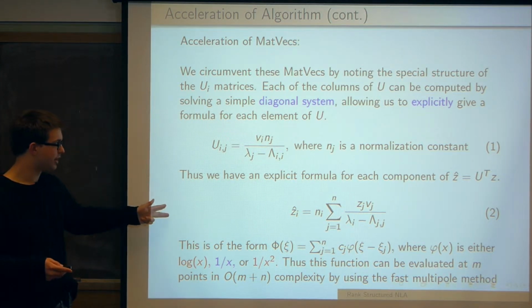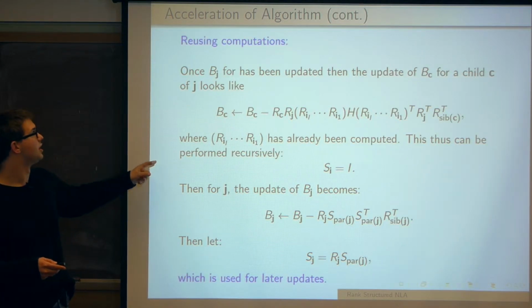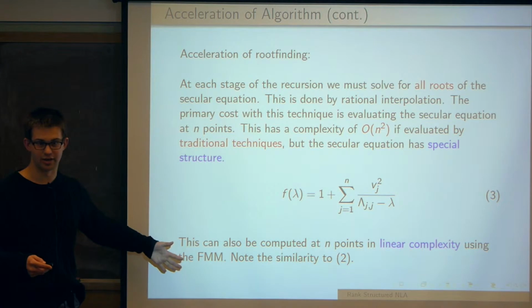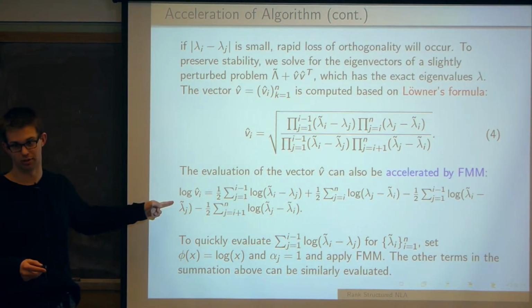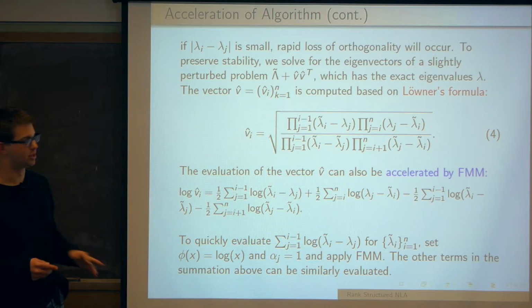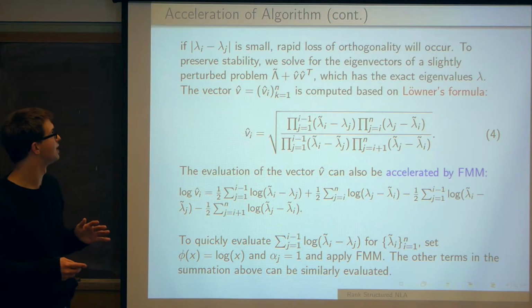So fast multipole accelerates the matrix vector products. It accelerates the root finding. You need the fast multipole method to make the root finding linear complexity, and you need it to accelerate Löwner's formula. So it is essentially important. It's in a couple other places, but it's essentially important to making everything fast.